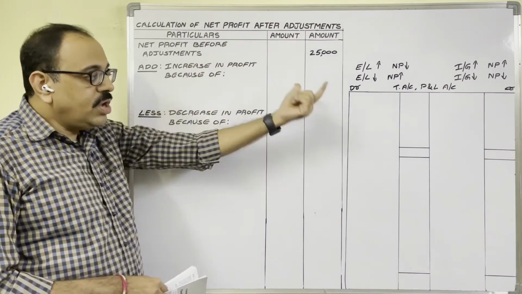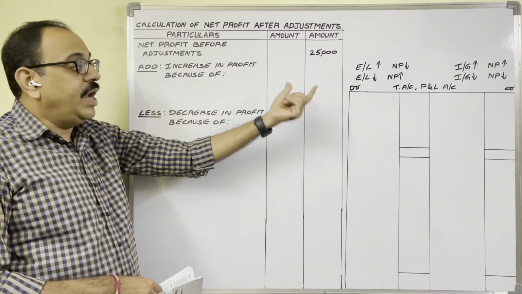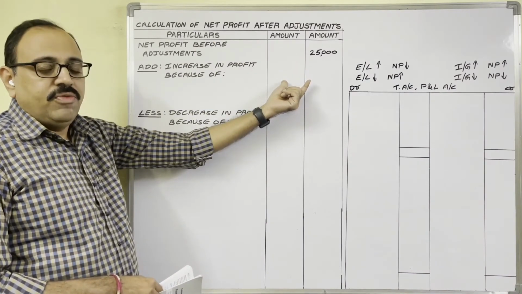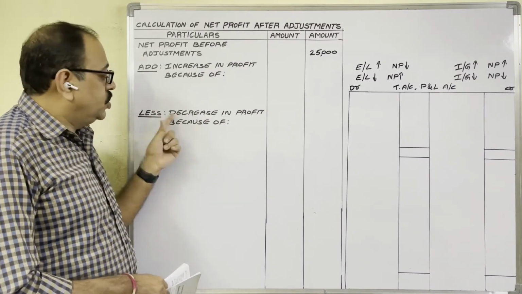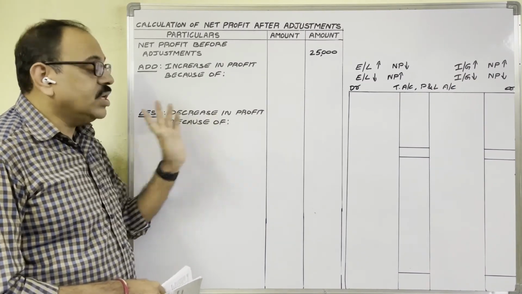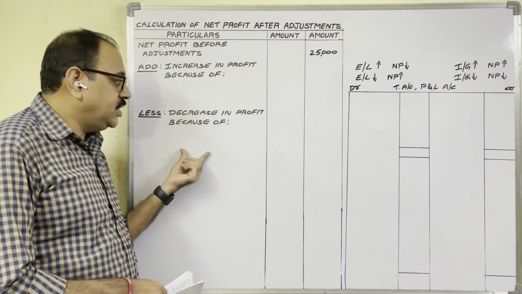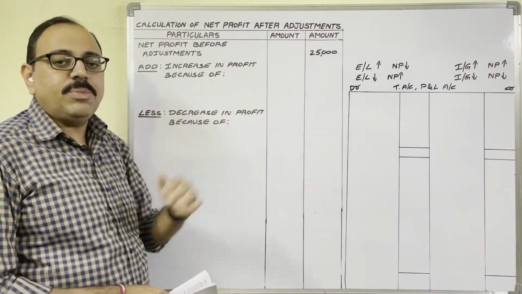Similarly, if net profit is decreasing because of some adjustments, we should subtract those adjustments from 25,000.